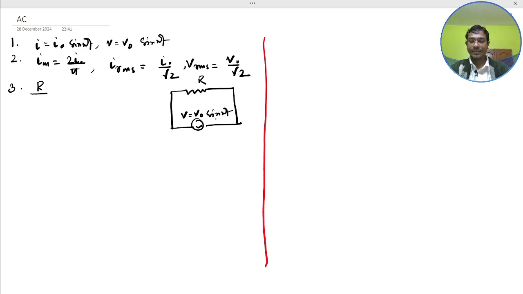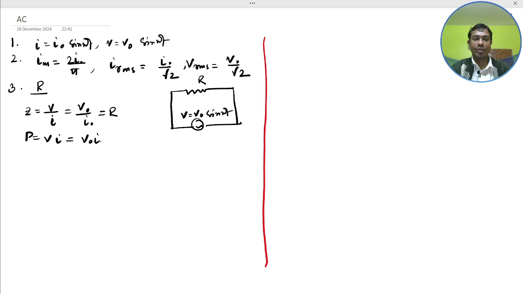So in that case, the effective resistance Z would be V by I, that is V naught by I naught, that is basically capital R, and the power P equal to VI.